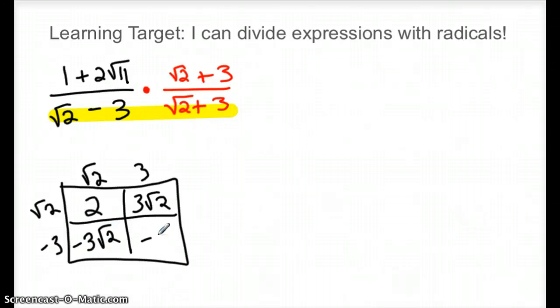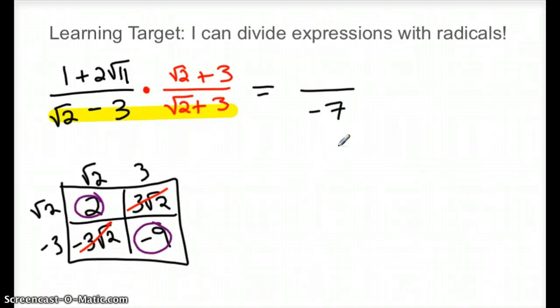And then just multiply -3 times 3, which is a -9. Now, these guys combine, but they cancel when you combine them. So when I add 2 and -9, I actually get -7. So that's what's at the bottom.